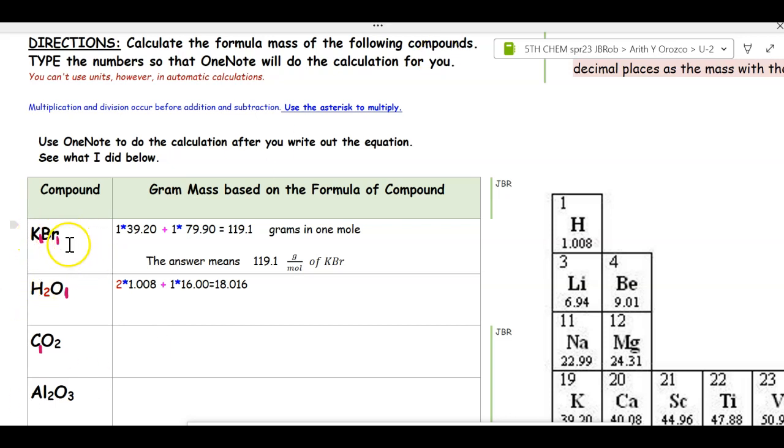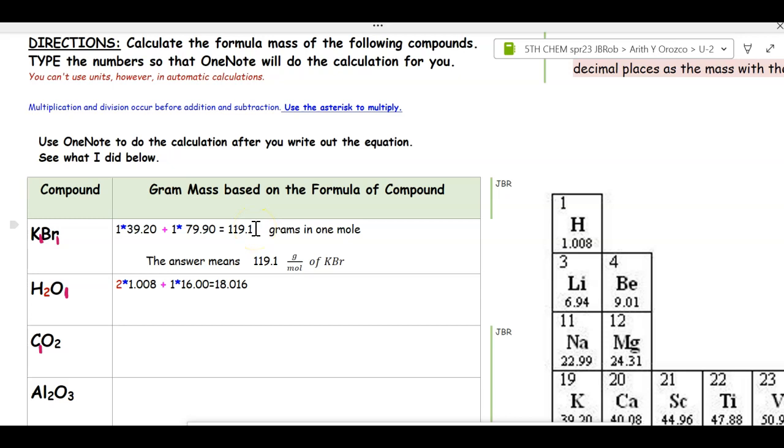With KBr, this is the correct formula. So in all of these, I gave you the correct formula. So we're just trying to figure out what the mass would be of 1 potassium atom and 1 bromine atom. So 1 times 39.20, which is on the periodic table, and 1 times 79.90, the mass of a bromine atom, equals 119.1 AMU.